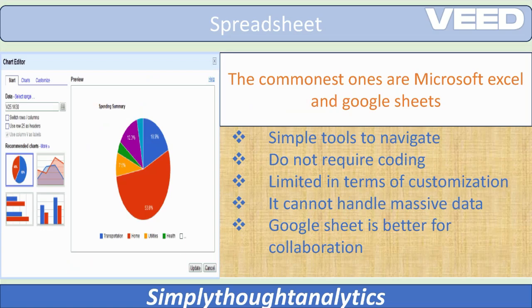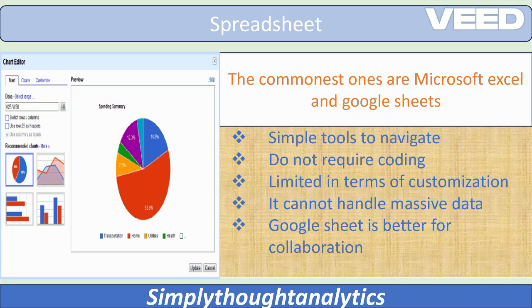So let's look at spreadsheets. Spreadsheets are the commonest tools that people will be using as a beginner because they are very simple and straightforward. They do not require coding, but the issue is that they are limited in terms of customization.